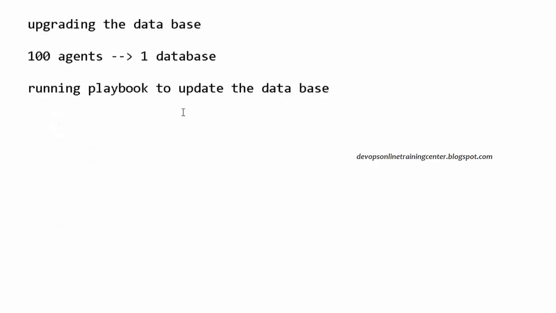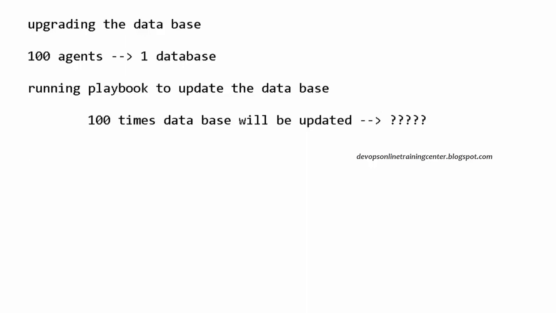When it is executed on the first agent, it will go and update the database. When it is executed on the second agent, it will be updated again. So this database will be updated 100 times. It's not needed, right? We want to update only once. Since the playbook is getting executed 100 times, this will be executed 100 times.